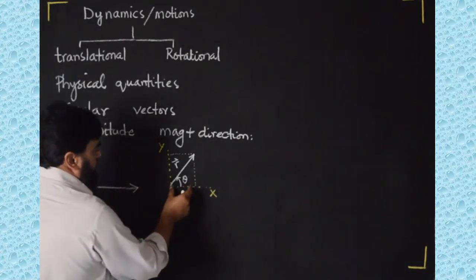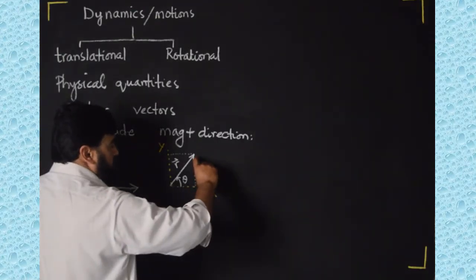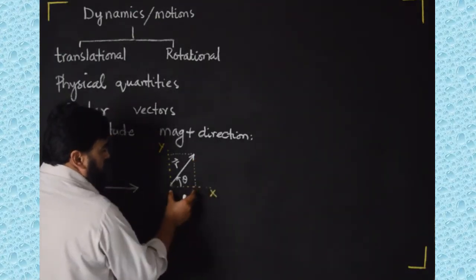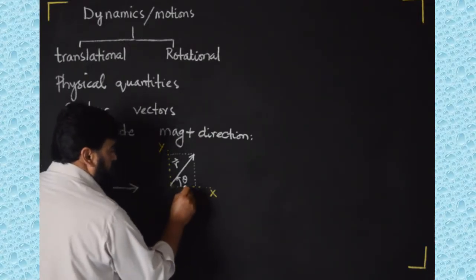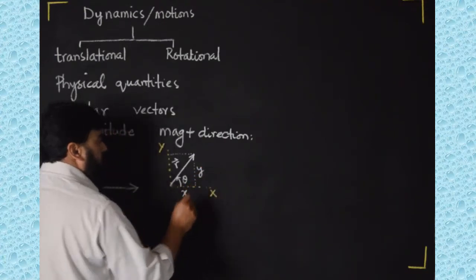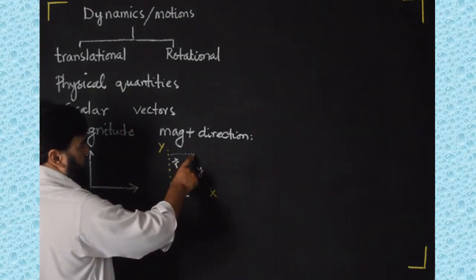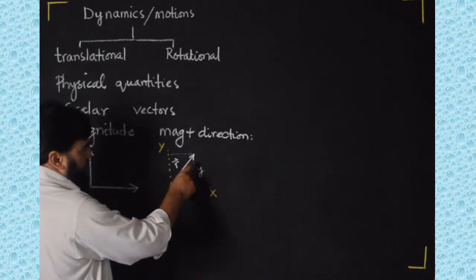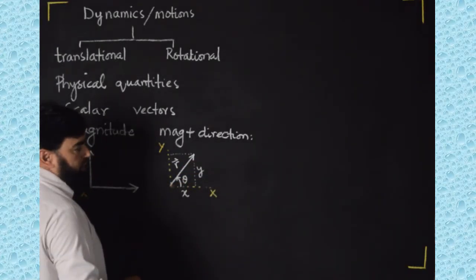Now this vector has this component as well as this component. This component I call the horizontal component, and let me call this x. And this component is the perpendicular component or the vertical component, and let me call this y. Now as I see, if this vector changes inclination, then the y and the x are actually changing.